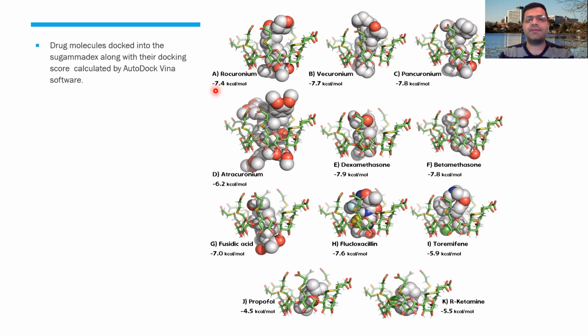So the more negative the number, the more stable the combination. For example, for rocuronium we have negative 7.4, in comparison with propofol, where we have negative 4.5. So it's telling us this combination is more stable because it has less energy.